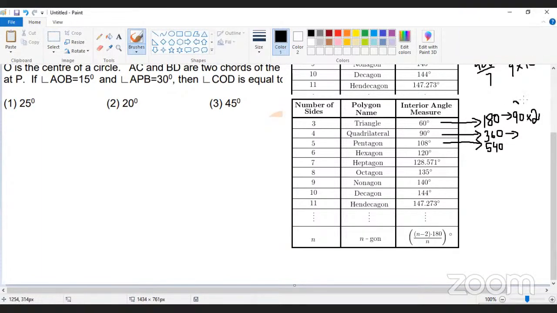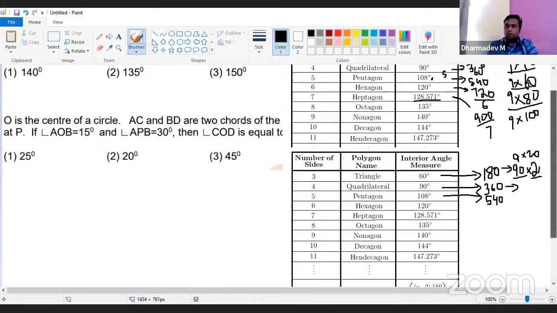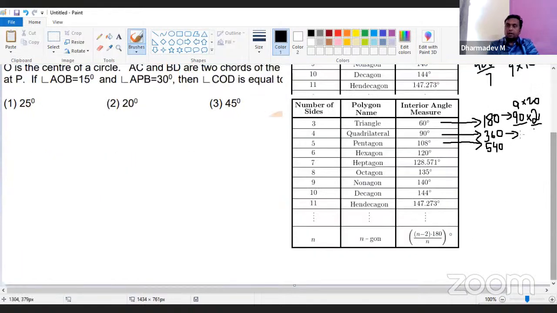Good. Either I'll take it as 9 times 40 or 90 times 4. 90 times will be better for you to understand the right angle. So 90 times 4, 360 divided by 4, each angle is 90.